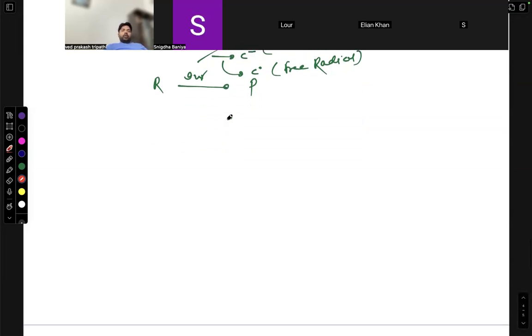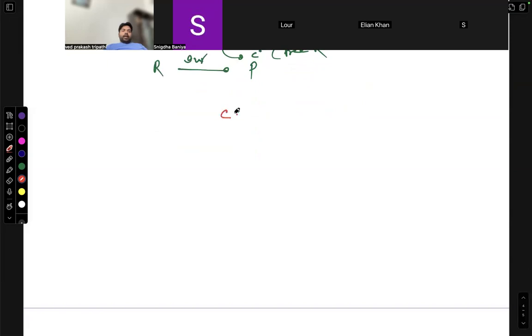So now we are going to discuss carbocation rearrangement. But before moving to the rearrangement step, I would like to ask about the stability. Do you have a very clear idea about this stability? Please tell me everyone. Do you know the stability of carbocation?